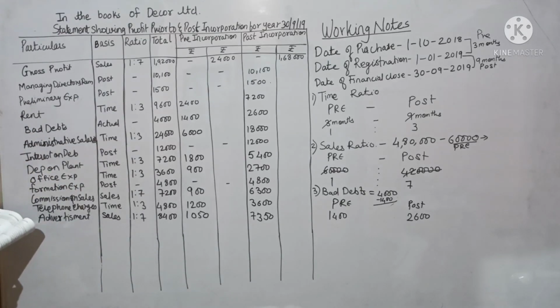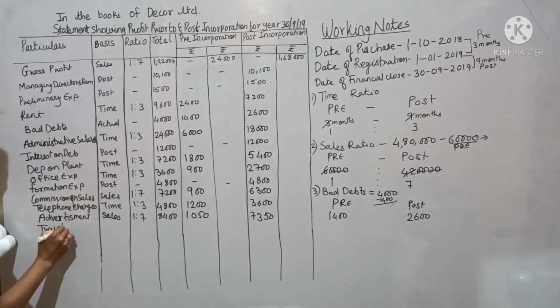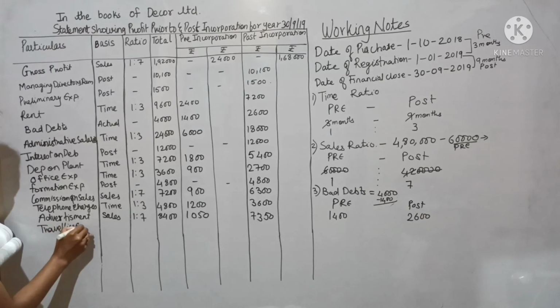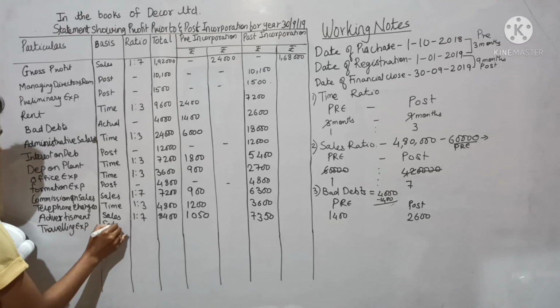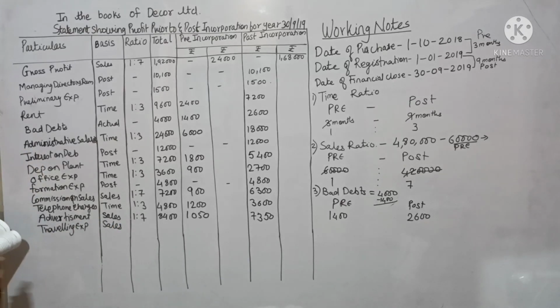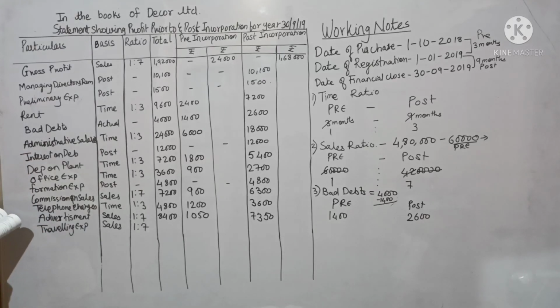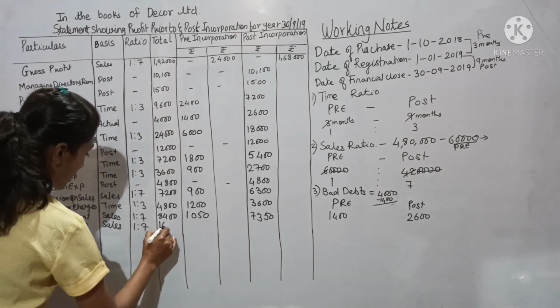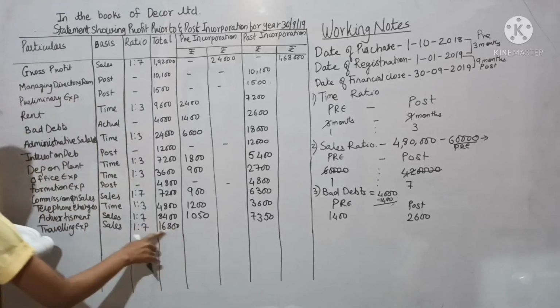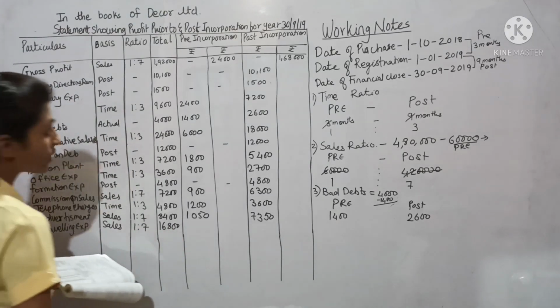Next, after advertisement we have traveling expenses. Traveling expenses again we have to allocate on the basis of sales ratio. Sales ratio is 1:7 and total of traveling expenses is 16,800. So distribute 16,800 by 1:7.